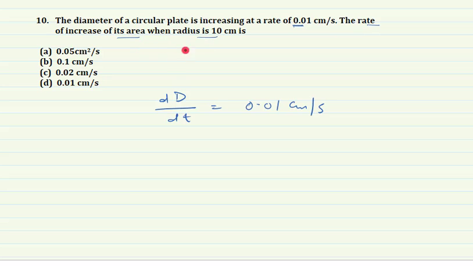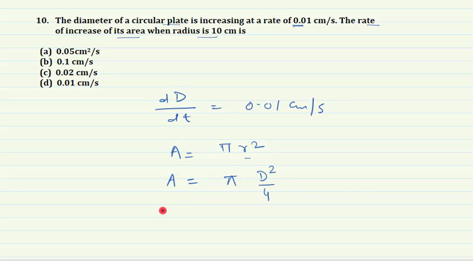We know that it is a circular plate, so the area of a circle will be taken. Area of a circle is pi r square, but the change in diameter is given. So better to change this radius into diameter first and then calculate the derivative. So A in terms of diameter can be written as D square by 4.